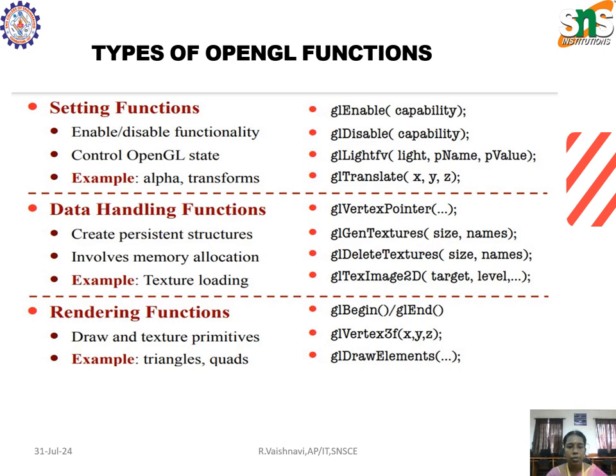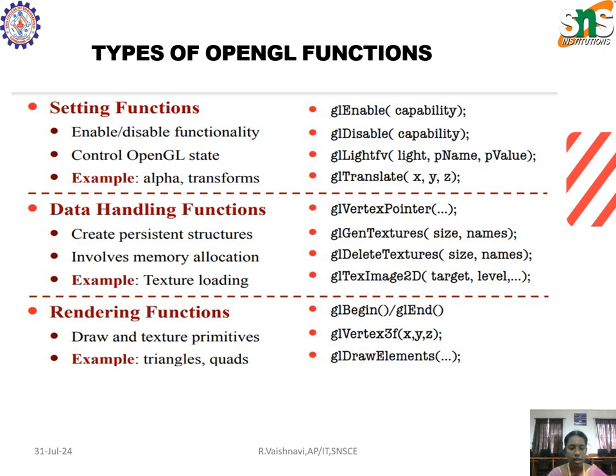Next one is types of OpenGL functions. Here we have three functions, that is setting functions, data handling functions, and rendering functions. First one, setting functions, enable or disable functionality and control the OpenGL state. Next one is data handling functions, which create persistent structures and involve memory allocations.